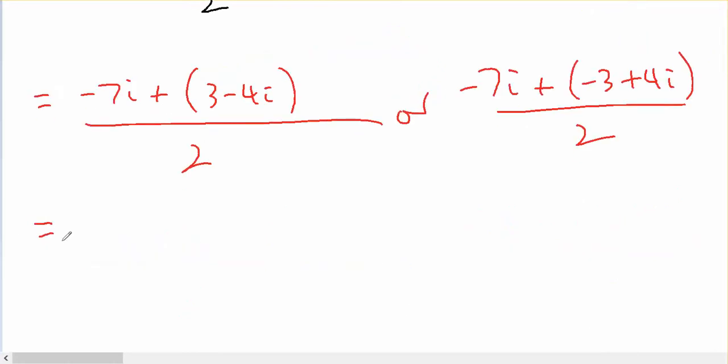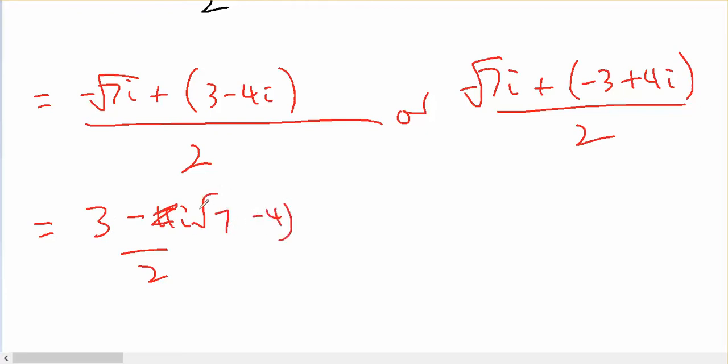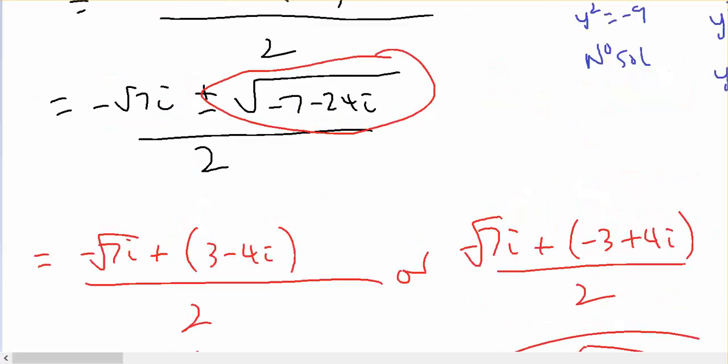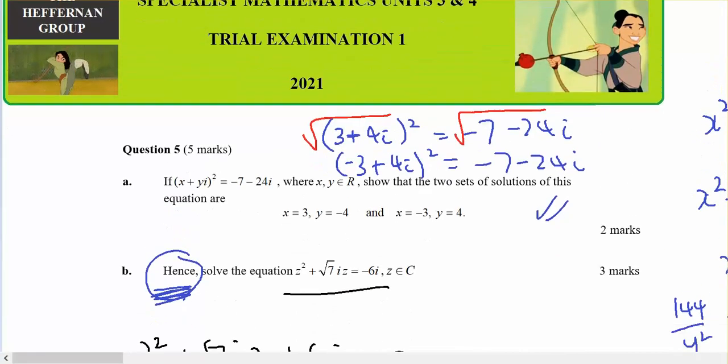I could simplify them and say that I have 3 minus 11i on 2. Oh, that's root 7, sorry. Or I've got minus 3 plus, so minus root 7 minus 4, all on 2. Okay, so that's how we use the information from part A.